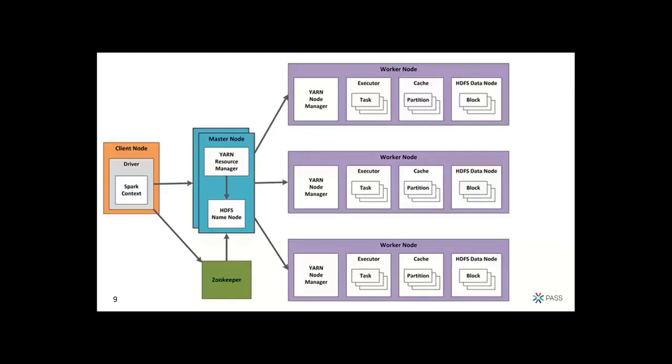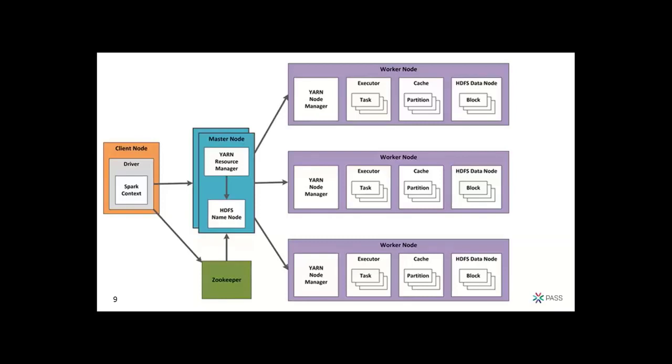As you can see on the screen, the submitted job is distributed into multiple worker nodes, where each YARN execution container has its own executor, caches, and HDFS data node. Spark acquires the nodes in the cluster, which process the applications in parallel, run computations and store data for the application. This has the benefit of isolating the applications from each other on the scheduling side.